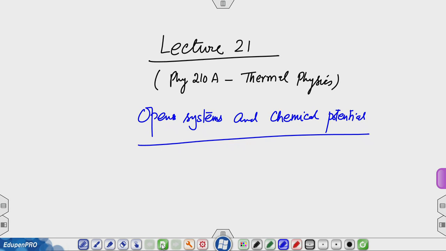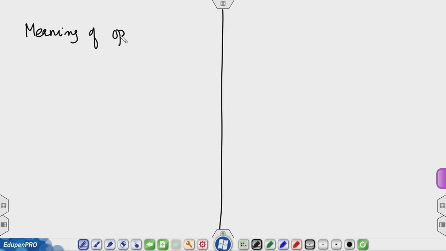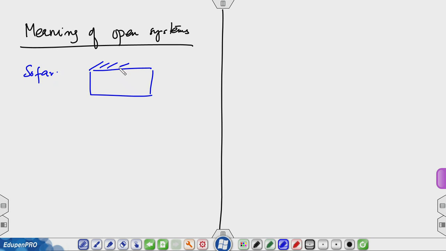So to begin with, we learn about what open systems are. What we have done so far, we have considered a system that is closed in the sense that no material exchange takes place.